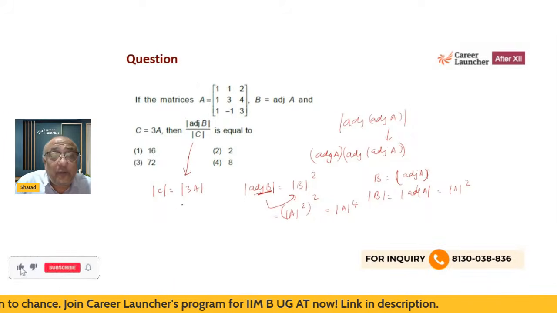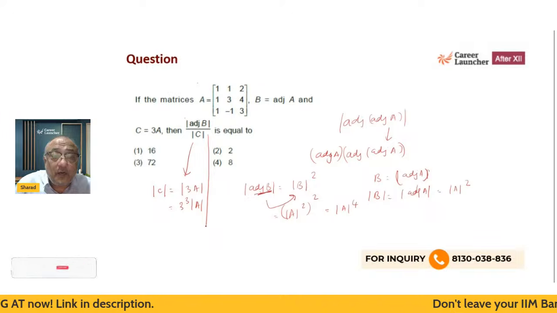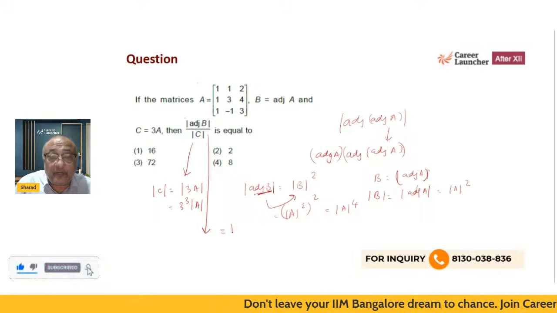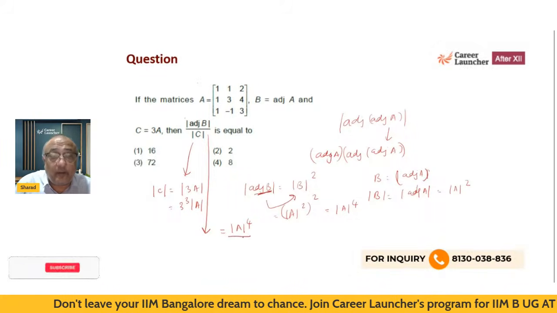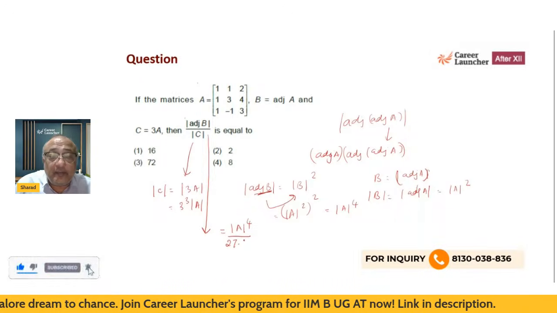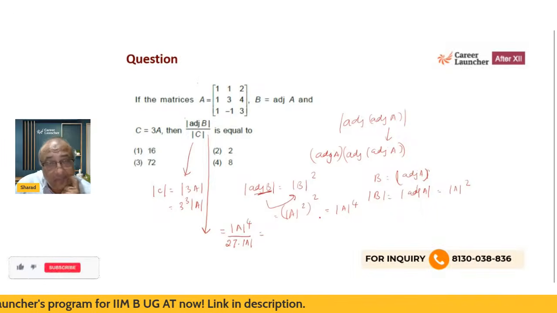Can anybody tell me what it will be? This will be 3 cube and determinant of A. So this value which is hanging here will be equal to determinant of A raised to the power 4 upon 27 into determinant of A. Right? Understood?